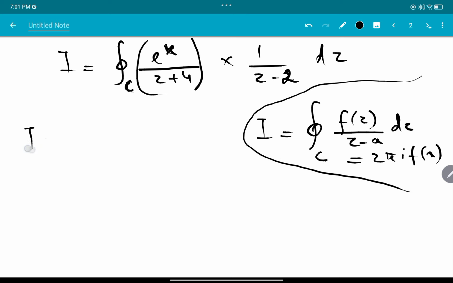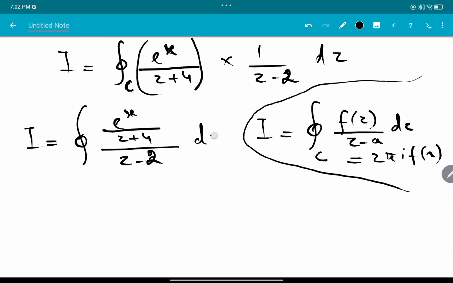Now applying this formula here, I have I is equal to the integral of e raised to z divided by z plus 4, this being f(z), divided by z minus 2, dz. Since this much is f(z), and this is z minus a, I will write its value directly as 2 pi i f(a).